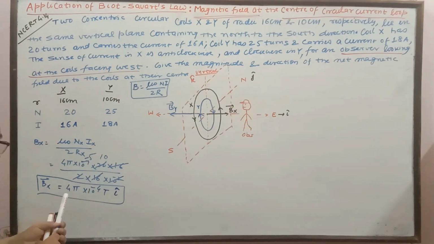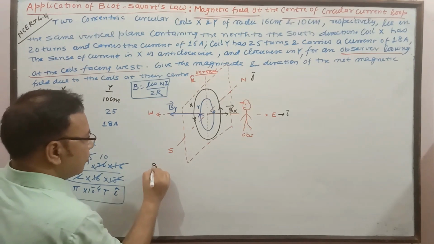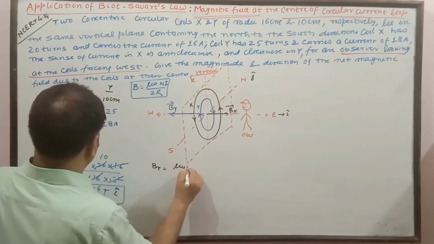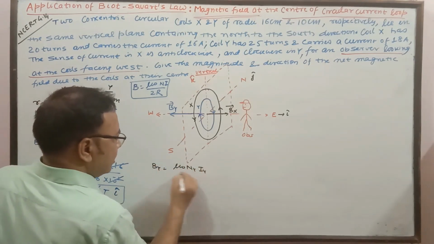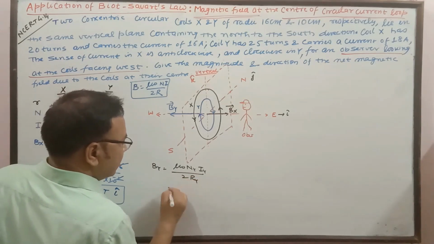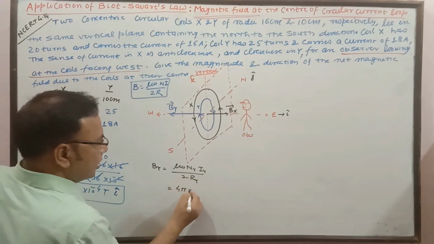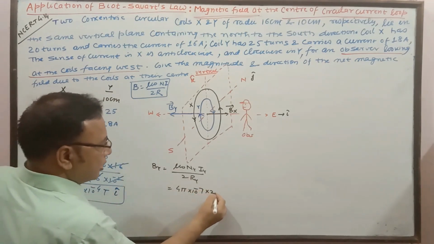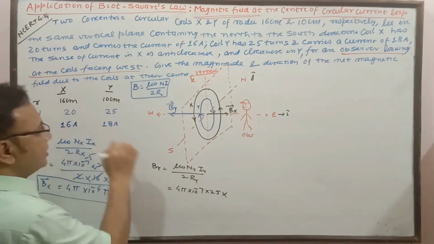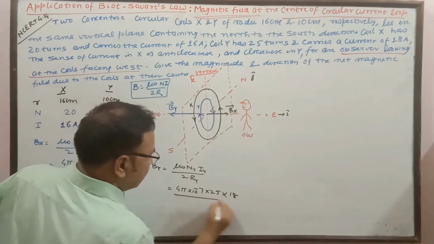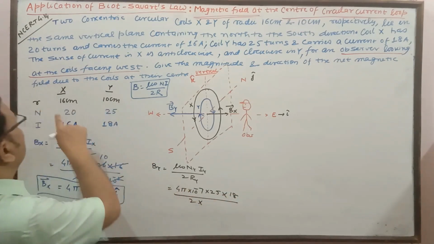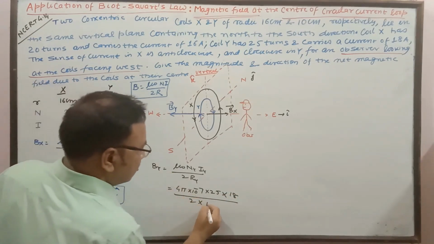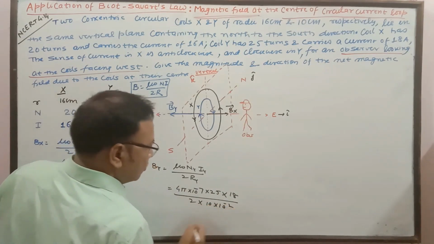Now next we go for Y. The magnetic field for Y is By equals mu naught Ny Iy divided by 2 Ry. So mu naught is 4 pi into 10 to the power minus 7, Ny is 25, Iy is 18 ampere, divided by 2 into Ry, where R for Y is 10 centimeters, that is 10 into 10 to the power minus 2.